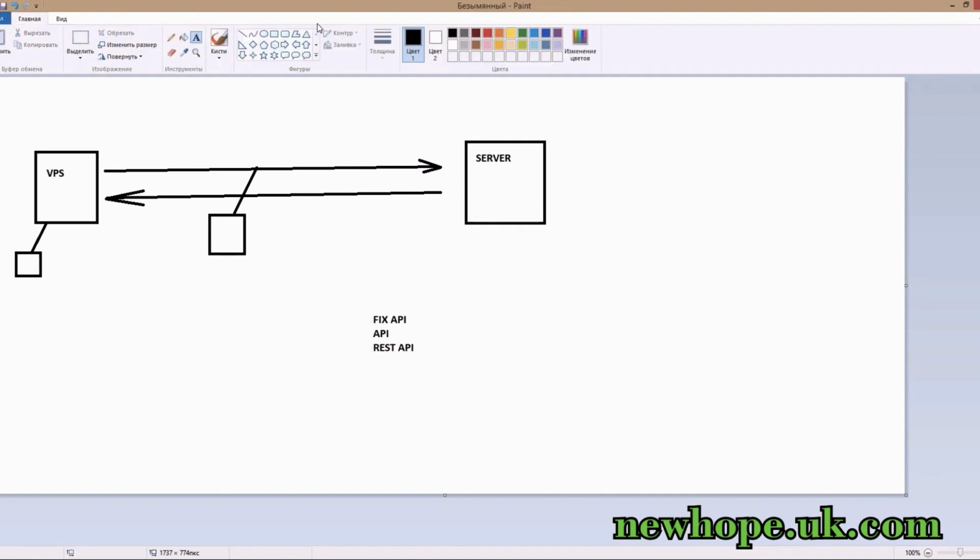What is required to minimize delays to their lowest and maximize quality of trading in high-frequency trading? It is clear that it is necessary to reduce the workload, and to do this we need to remove this part.